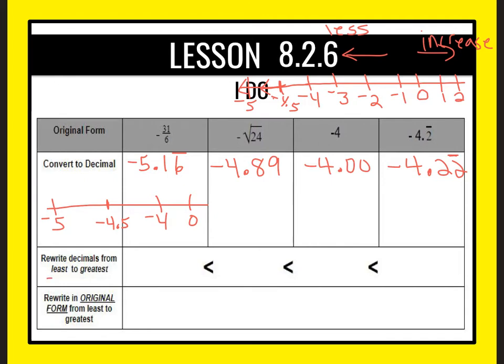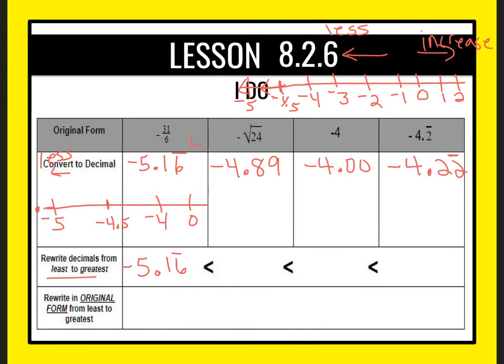So if I need to write these from least to greatest, that means the farther left I go, the less in value. So it seems to me then the farthest left is going to be -5.16 repeating. That's going to be somewhere over here, okay? So this is the least.